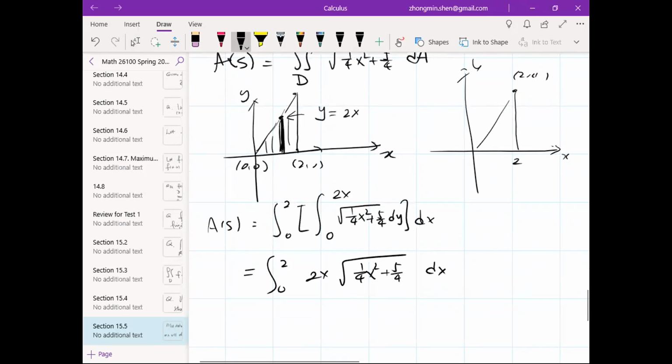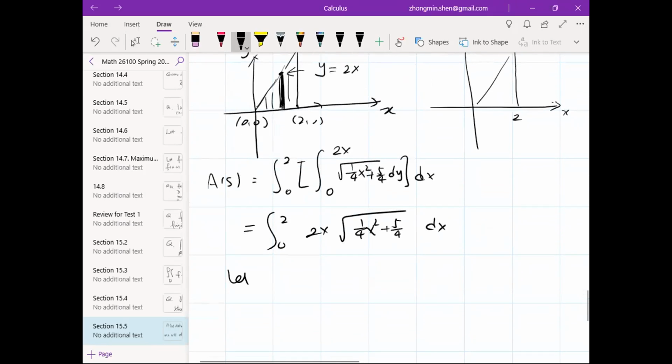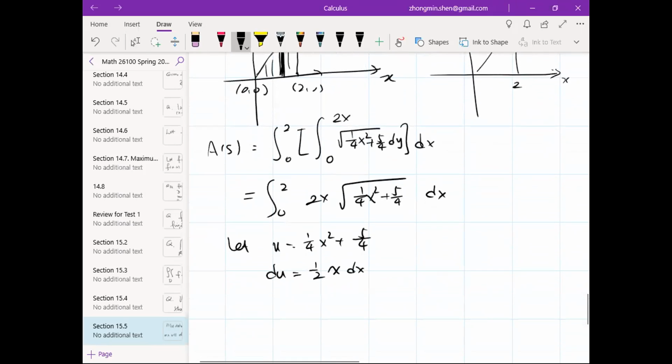Then you can use u-substitution to solve the problem. So you let u be a quarter of x squared plus 5/4. Then du equals half of x dx. So x times dx is going to be 2 times du.